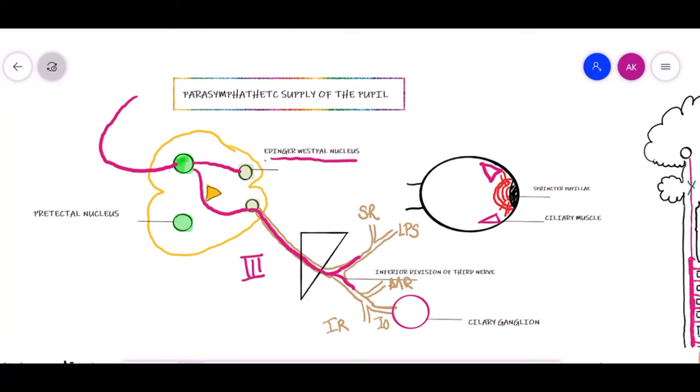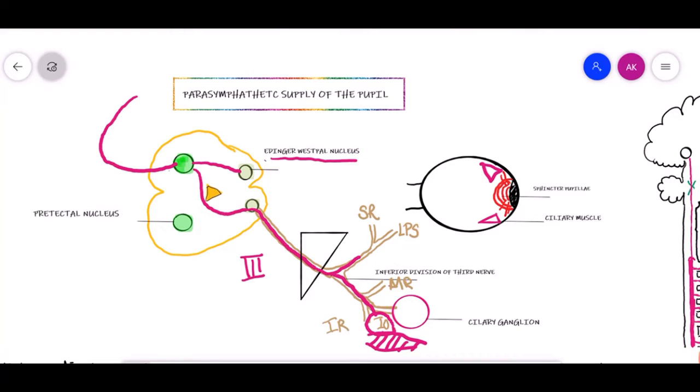Now, the fibers which are coming from the Edinger-Westphal nucleus are going into the third cranial nerve, and then they travel in the inferior division of the third cranial nerve, especially the part which is supplying the inferior oblique muscle. Okay, traveling to the inferior oblique muscle branch.